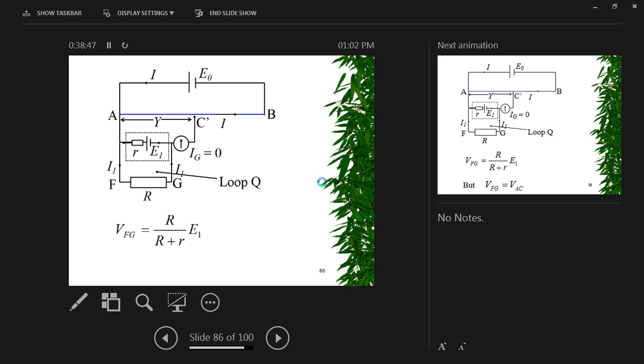Remember we did this before? That means when we have two resistors in series, if we apply a PD across them, the PD is somehow split among them. How is it split? It's split by the ratio of the resistances. So we can derive this equation first as an expression to find VFG.